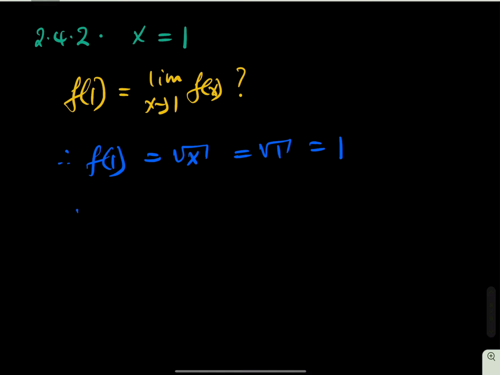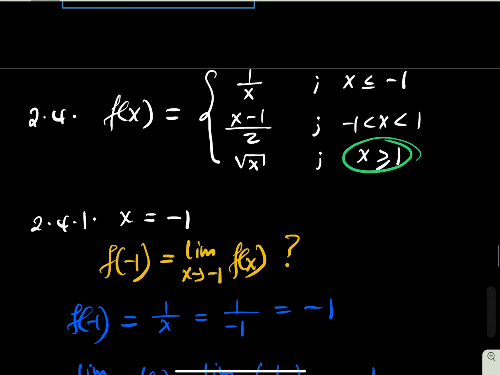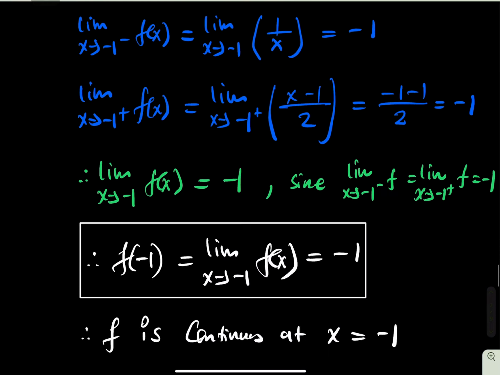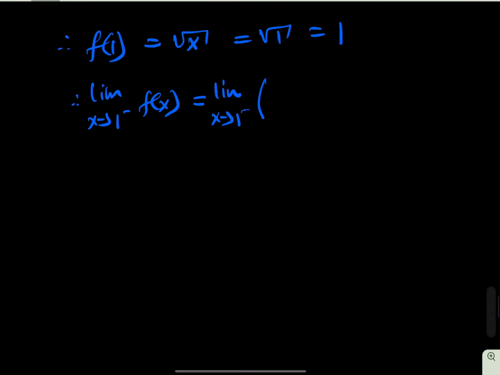And I need to find the limit as x goes to 1 from the left of f at x. You choose your f. So this is going to be approaching from the left. x is less than 1 there. So you're going to be saying this is x minus 1 over 2. And if you plug 1 there, you are going to get 0 as the limit there.